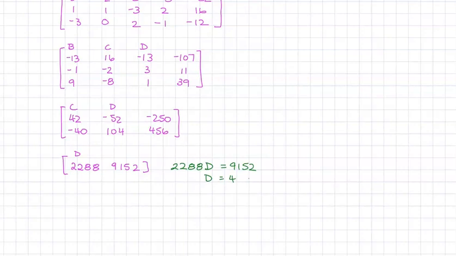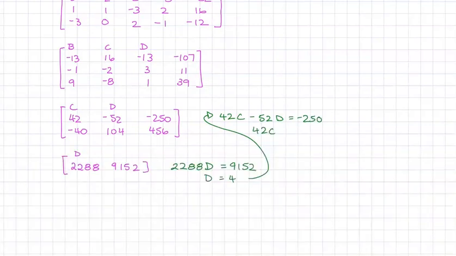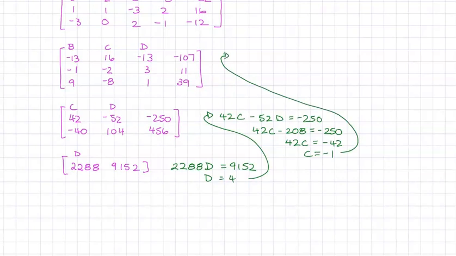And then going back up here, 42c minus 52d is negative 250. 42c minus 208 is equal to negative 250. So then 42c is negative 42. c is negative 1. Oh, this is working out delightfully.